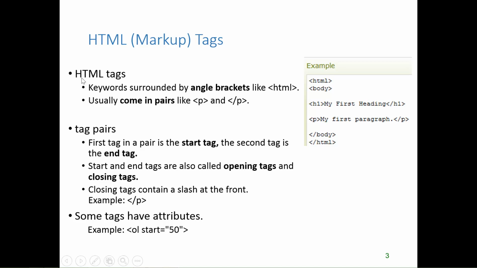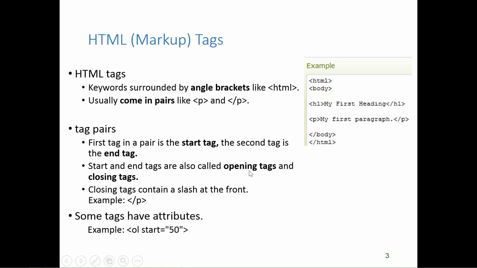So, as we said, HTML is made up of tags, and a tag is a keyword surrounded by angle brackets, for example, HTML. They usually come in pairs, with a beginning or a start tag and end tag, like P and /P.